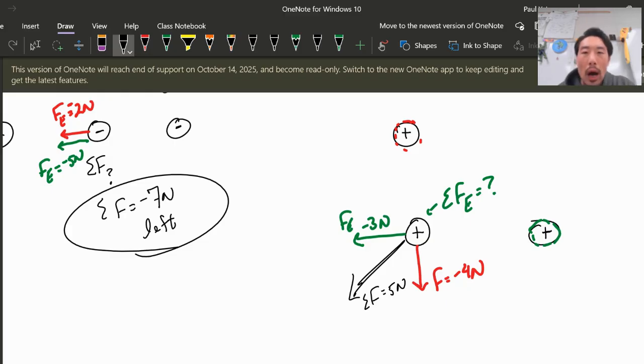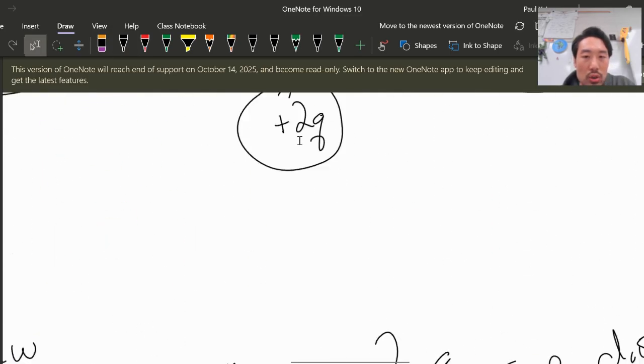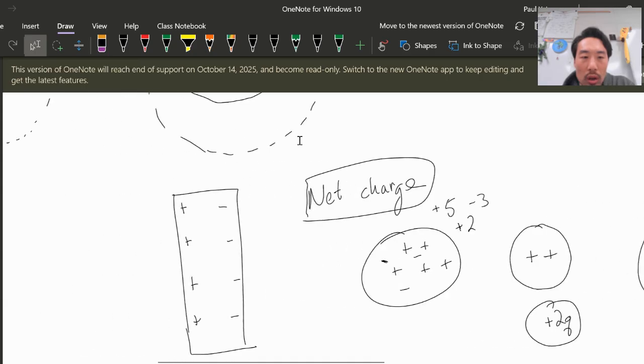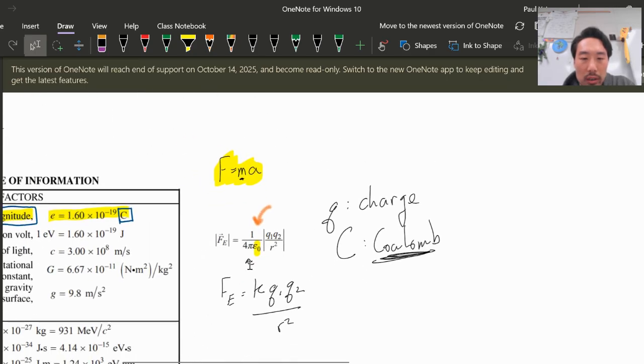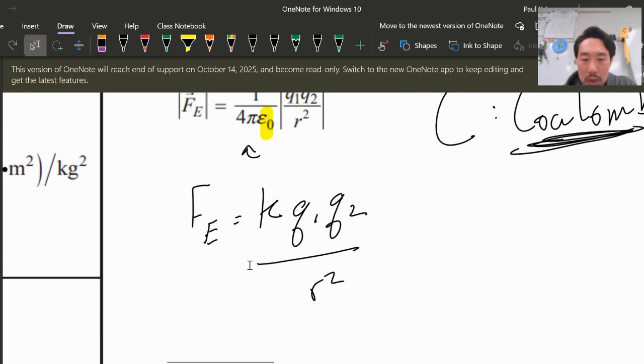So we'll see a lot more different kinds of problems, but those are the basics. The only thing I did not show you in these examples is actually using Coulomb's law, which is right here. That's just because all you got to do is plug in the values that the problem gives you.